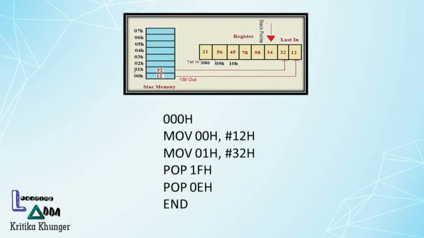So now the question arises, when do we need to use push and pop instructions? We have already done push and pop, but sometimes the question arises when we have to use both of these instructions. As we know, 8051 has limited general purpose registers, that is accumulator, B register, R0 to R7.